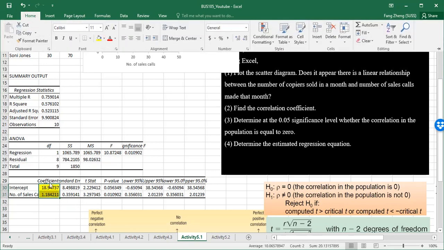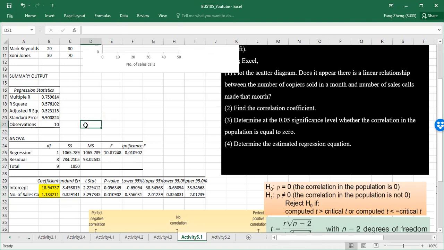Based on this coefficient estimate, we can write down the regression equation, which is y hat equals intercept 18.95 plus 1.18 times x, the number of sales calls. Okay, so this answers my question 4.